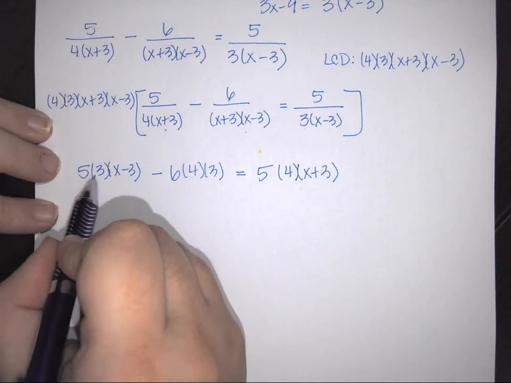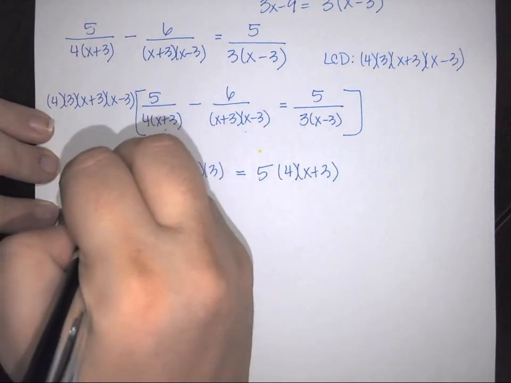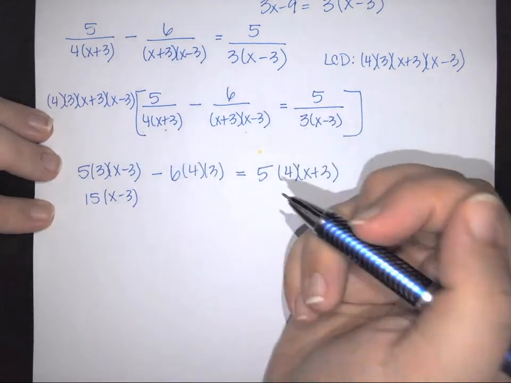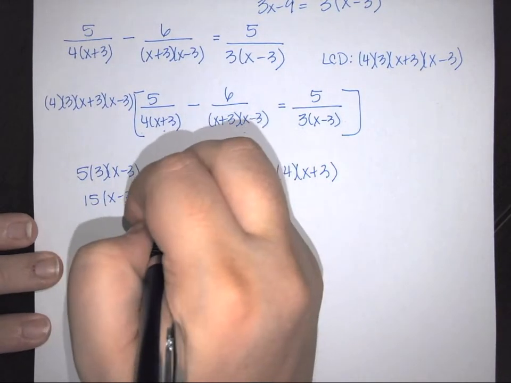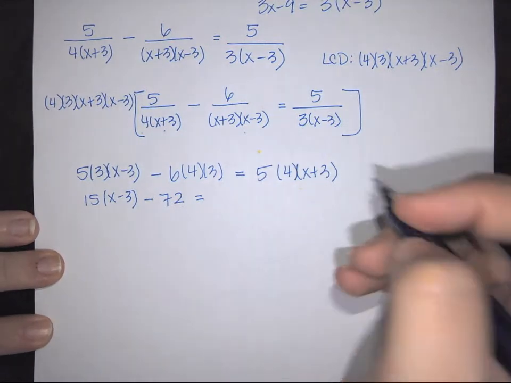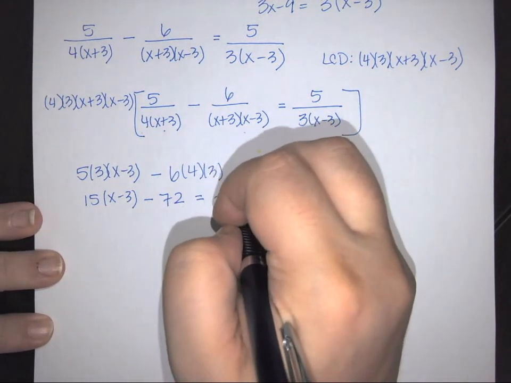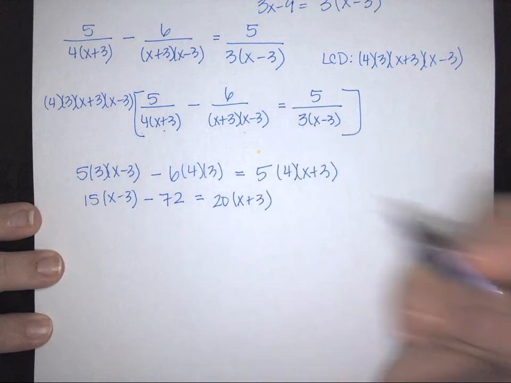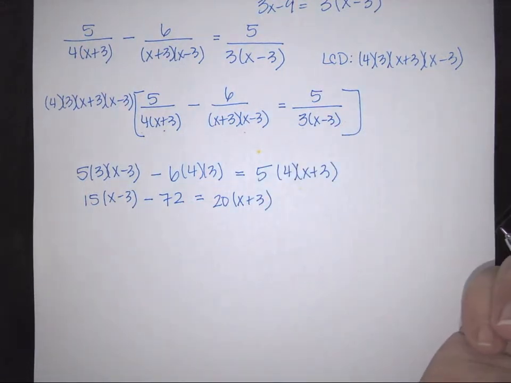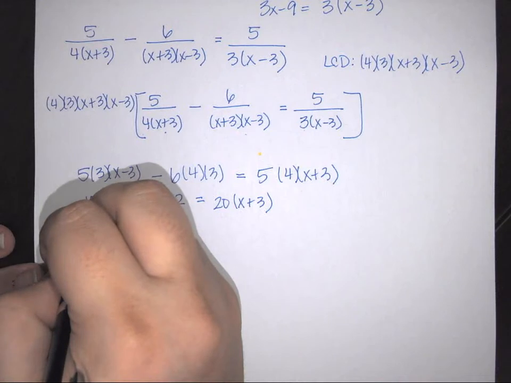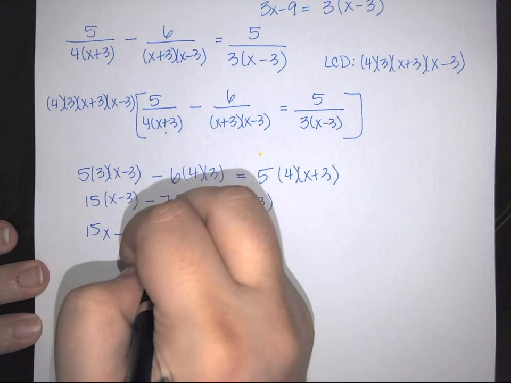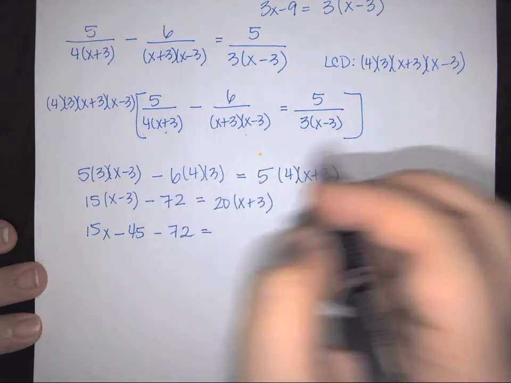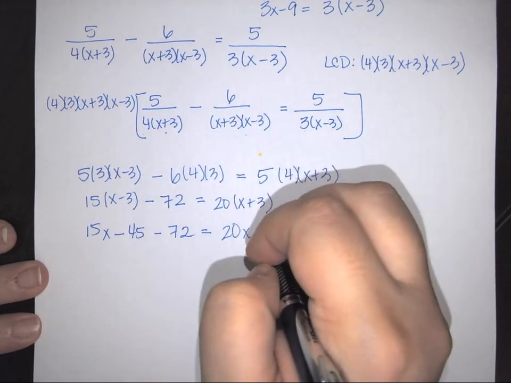So I have 5 times 3, which is 15, times x minus 3. Then I have 6 times 4 times 3, and that is going to give me minus 72. 5 times 4 is 20 times x plus 3. Distribute everything through, and I have 15x minus 45 minus 72 is equal to 20x plus 60.